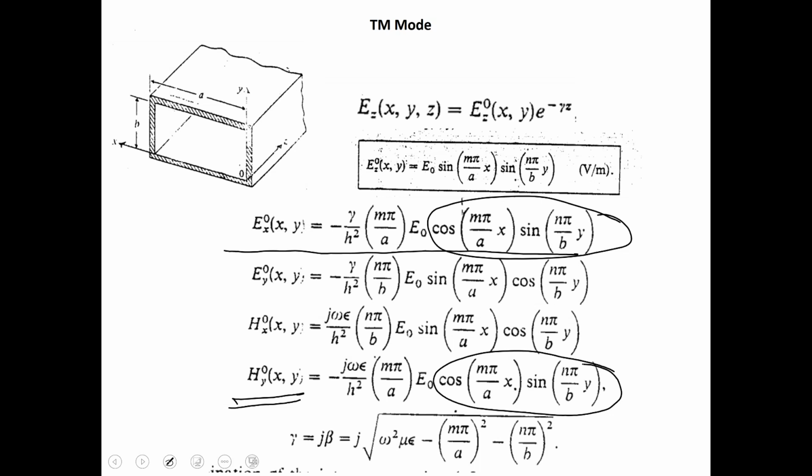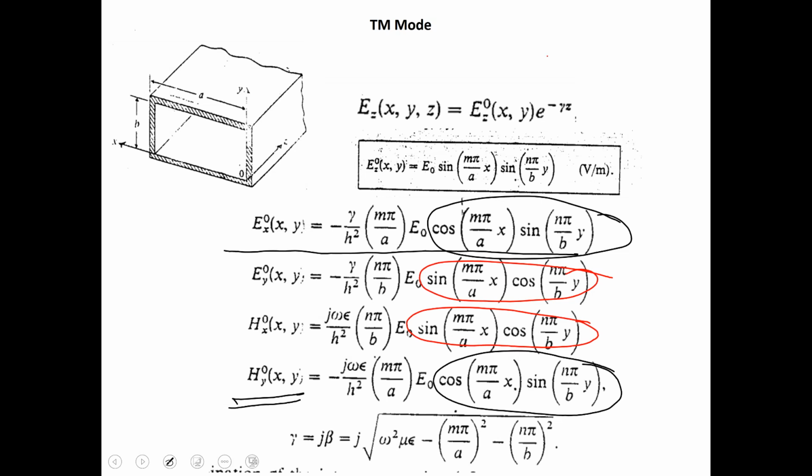Ex field has a variation of cos in x direction and sine in y, and Hy field has a variation of cos in x and sine term. And similarly, Ey field has a very similar variation as we see in Hx, the opposite field towards it.